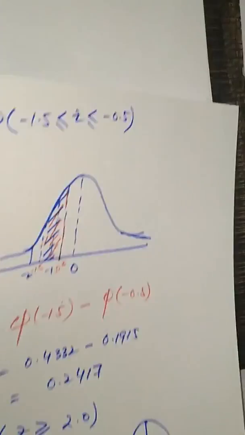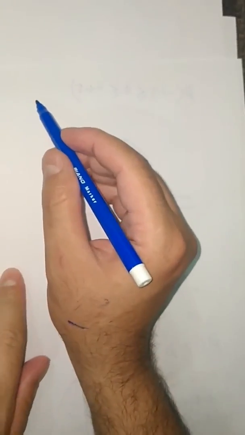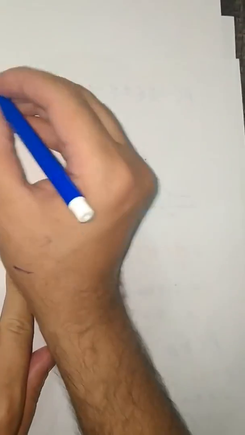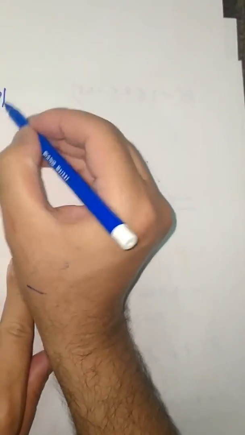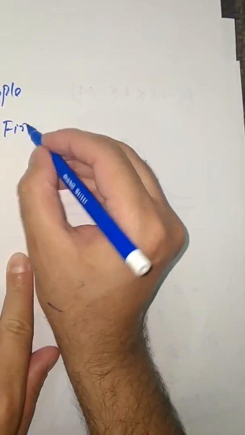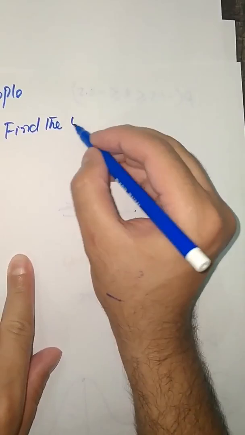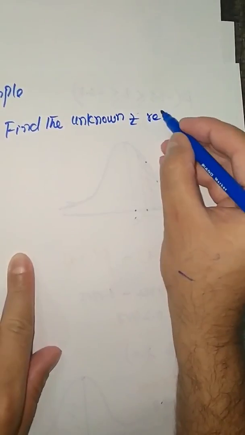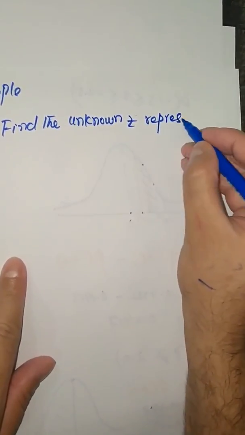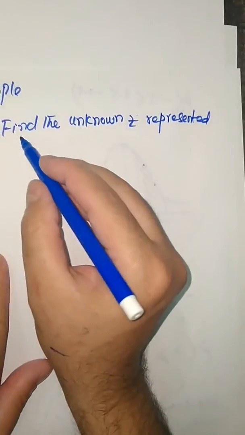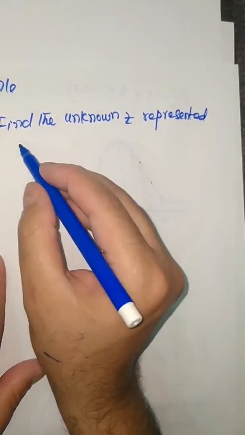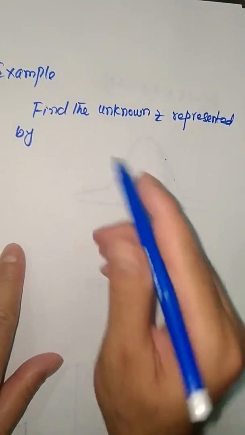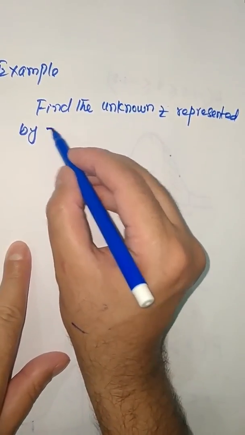Let's solve another example. Find the unknown z, represented by z naught.